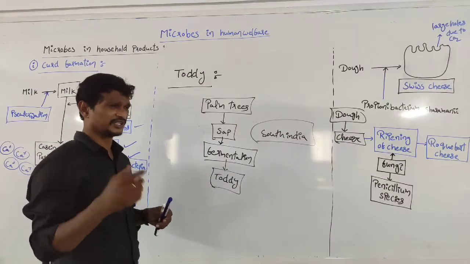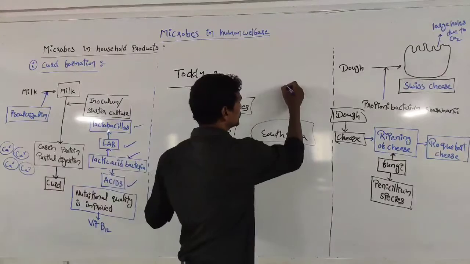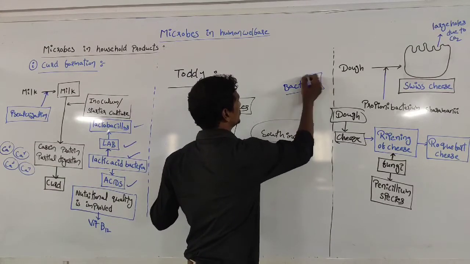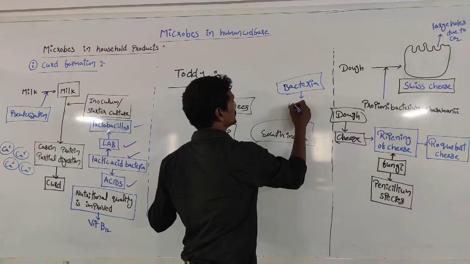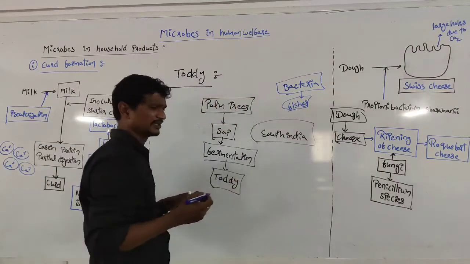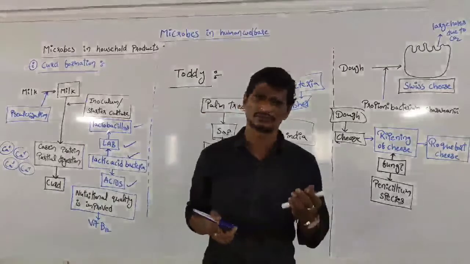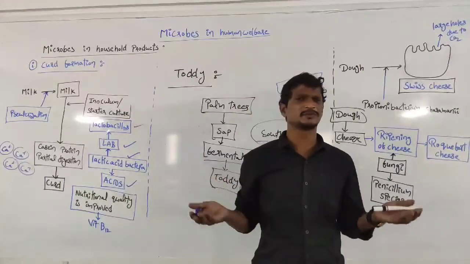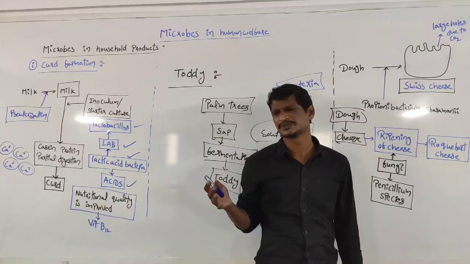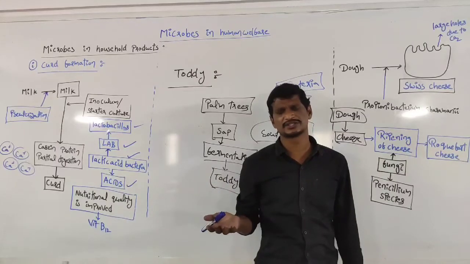And some of the bacteria also we are using for the fermentation of fishes. We know some of the dried fishes. Some of the people are cooking them, right? So how is the dried fish prepared? See, high salt concentration is required.